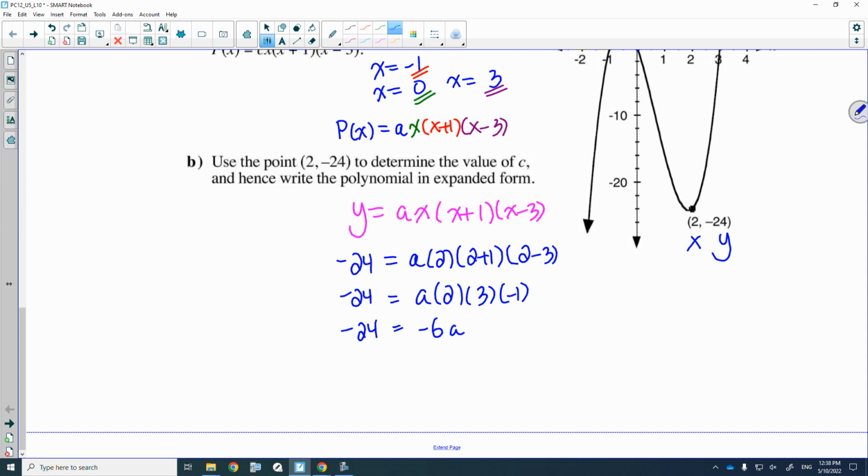Because how I'm going to get rid of that -6 is divide it out. So divide this by -6 and divide this by -6. And now we have the a value, which is going to be 4.